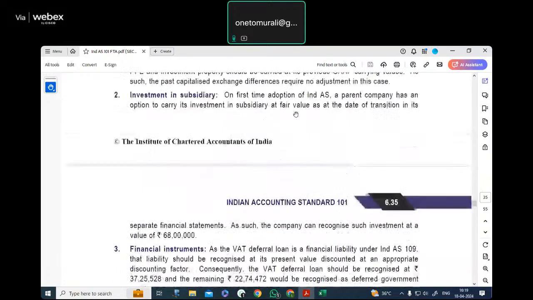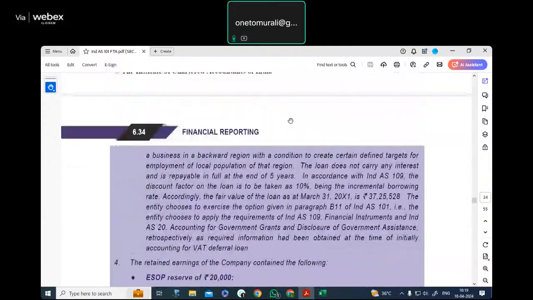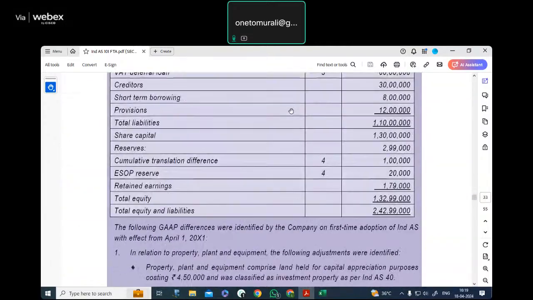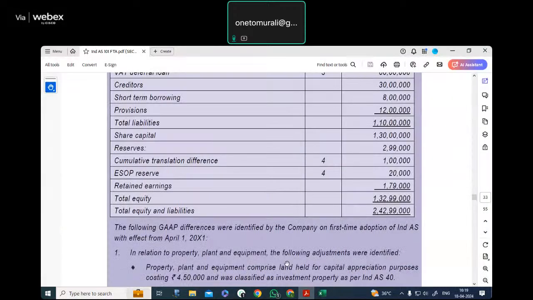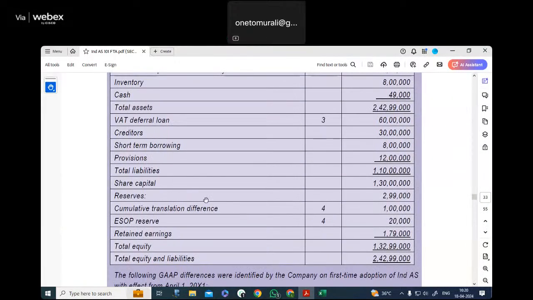Let us just wait for the moment there. So retained earnings, 179, 1 lakh and that 1,000. Okay. So retained earnings, the only item that is missing. Retained earnings. Let me just check up. The reserves also 299 we have.